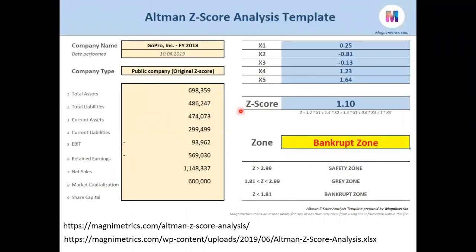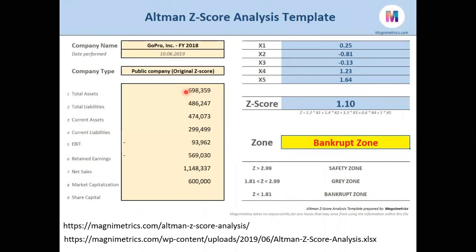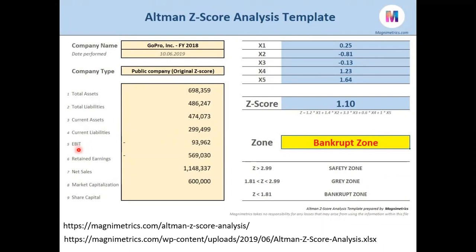So this is a template. Then you just put in the details. You can enter the total assets, total liabilities, current assets, current liabilities, and EBIT. In the formula we call it earnings before interest, tax, depreciation and amortization, but we are not always able to find that value.